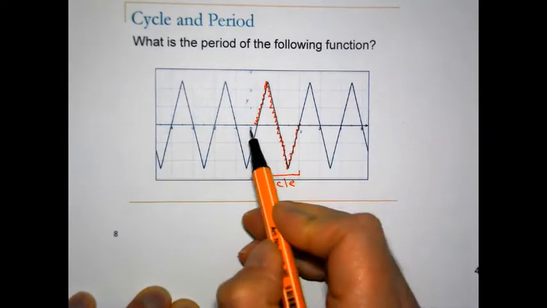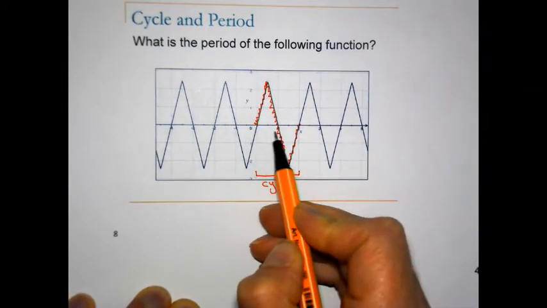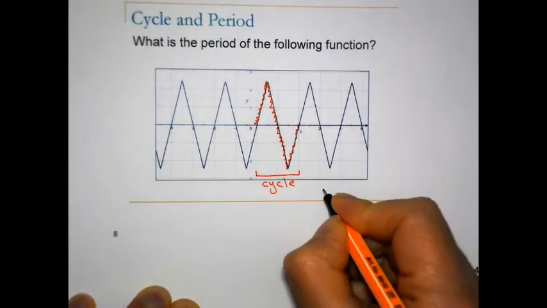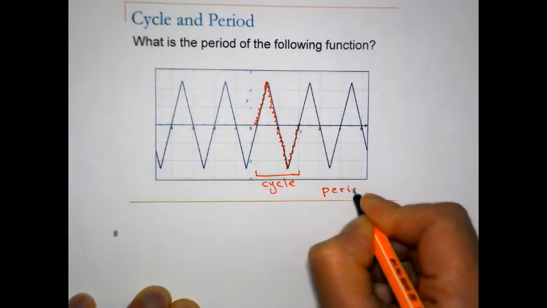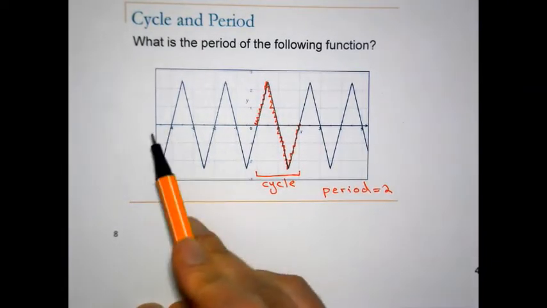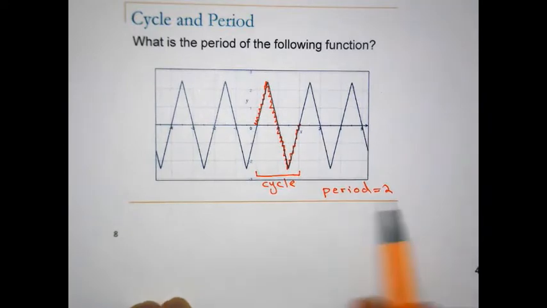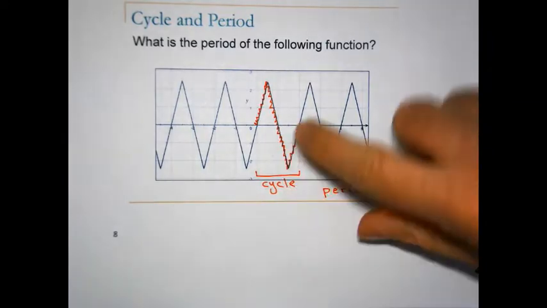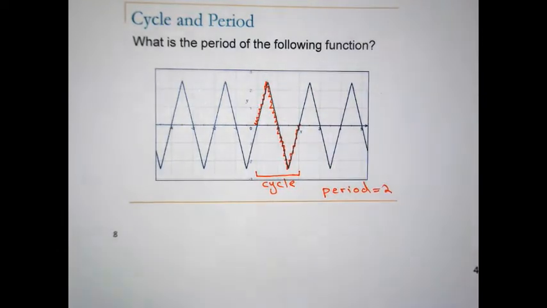Now we have to figure out what is the length of this. So this is 1 and 2. So the period for this is 2. And we don't know what the unit on the x-axis is, so we simply write the period is 2. So for any periodic function, when you find the smallest repeating unit, that's going to be your cycle, and then the length of that unit is going to give you the period.